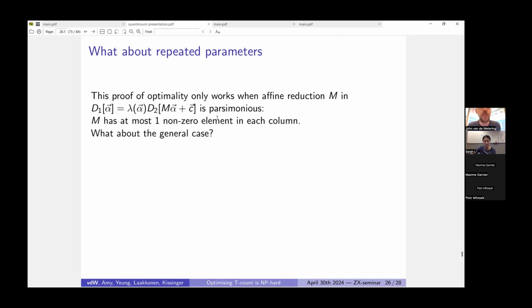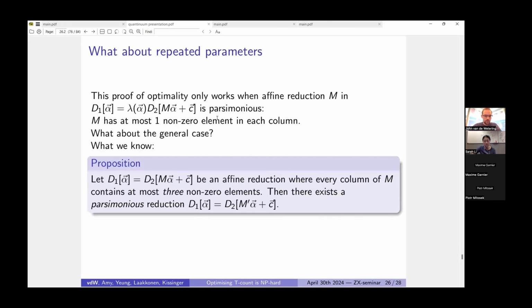So what about the general case, if M is arbitrary? What we know is that if we have such a reduction, where every column of M contains at most 3 non-zero elements, then there exists a different reduction, M prime, which is parsimonious. So that means it has at most 1 non-zero element in each column, such that D1 is equal to D2 with this parsimonious reduction.